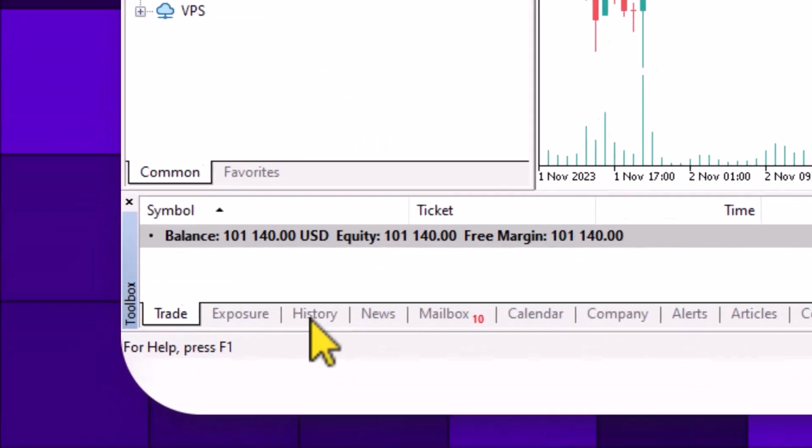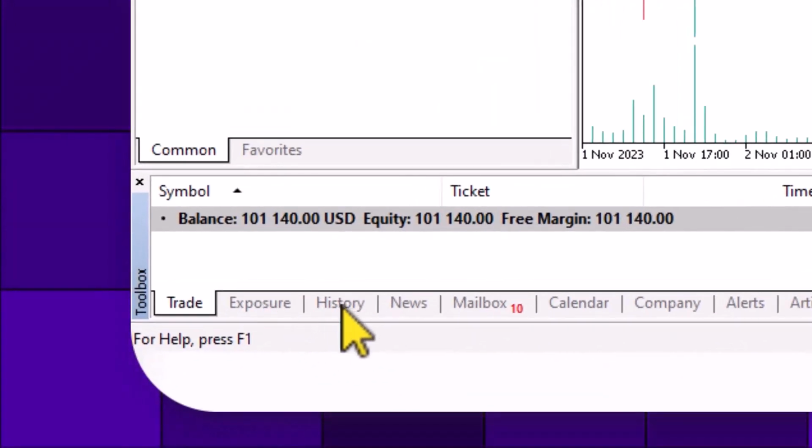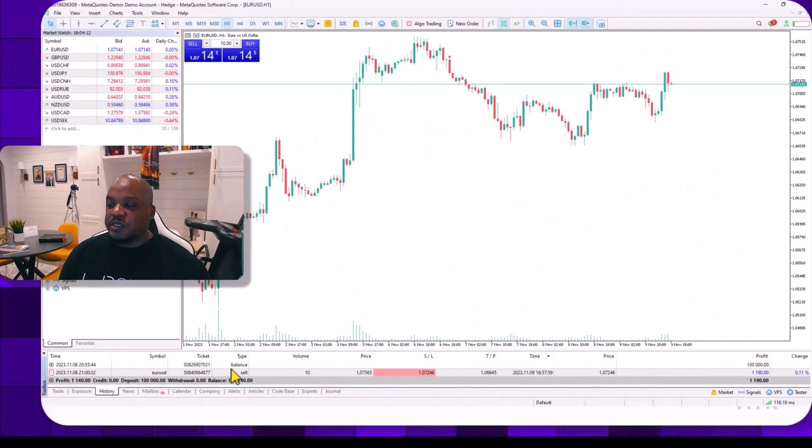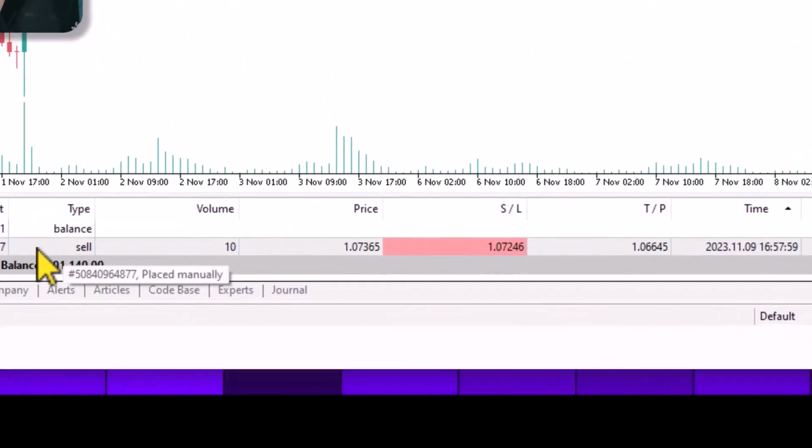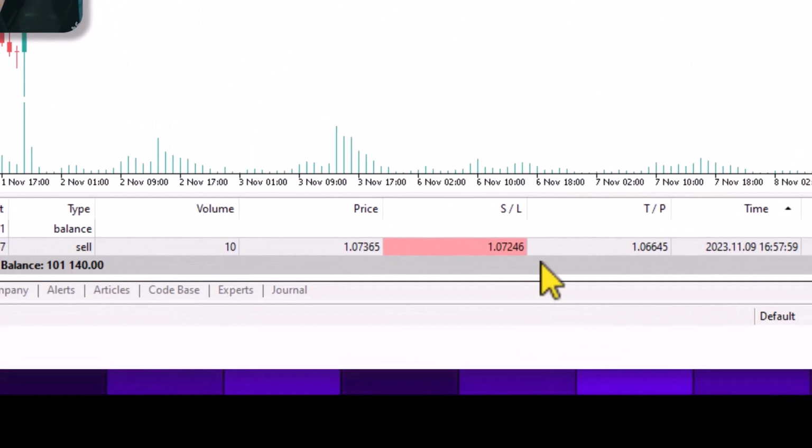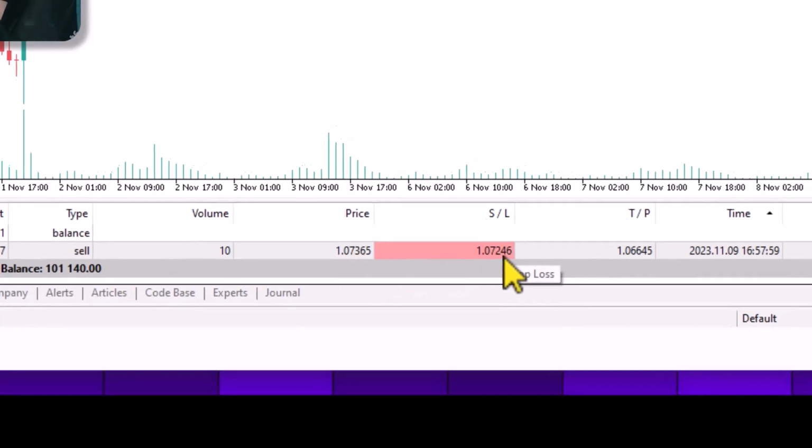If you go down to the history tab at the bottom and click history, you can see that trade here. It was a sale, volume 10. You can see where we entered price wise, and then you can see it hit our stop loss at 1.07246.